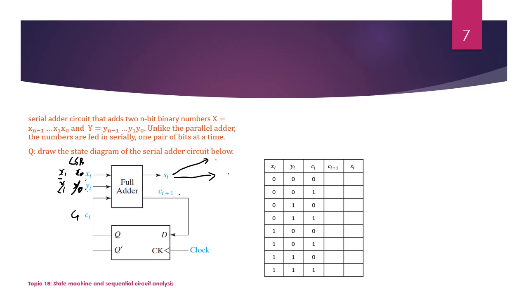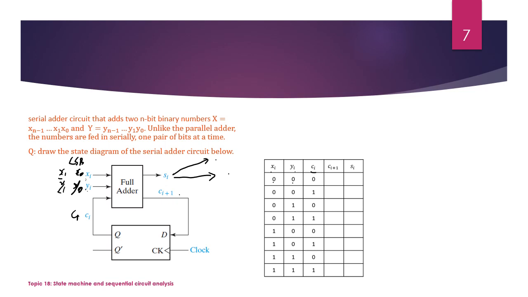Because we are adding two numbers here, let's say initially xi and yi equal 0, 0. For xi, yi, there are only four combinations: 0 0, 0 1, 1 0, and 1 1. But we have an additional input, which is the carry input, ci.